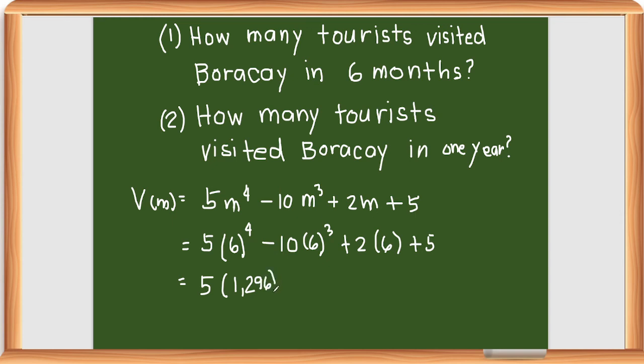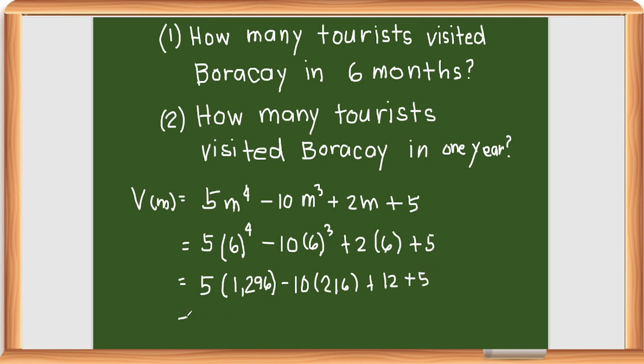That's quite big, no? Minus 10 times 6 cube is 216. And then, plus 2 times 6 is 12, plus 5.